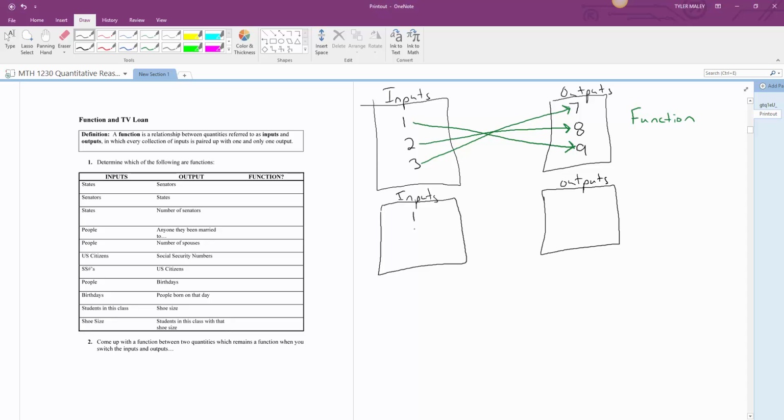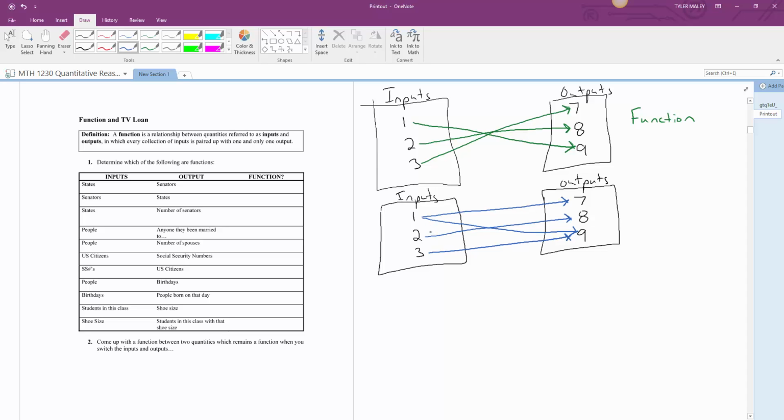So let's still use 1, 2, and 3 for my inputs. We can still use 7, 8, and 9 for my outputs, right? So let me use blue to show the mapping, right? So maybe 1 gets mapped to 7. 1 also gets mapped to 9. 2 gets mapped to 8. And 3 gets mapped to 9.